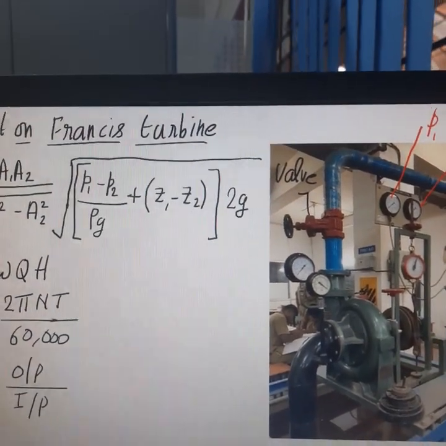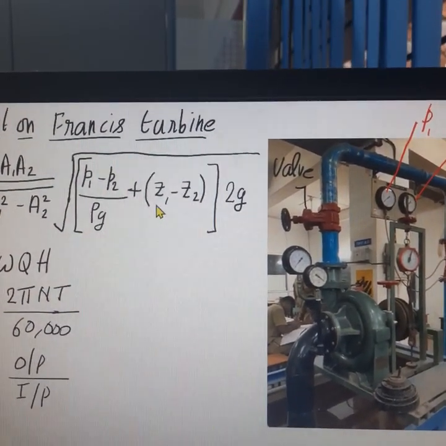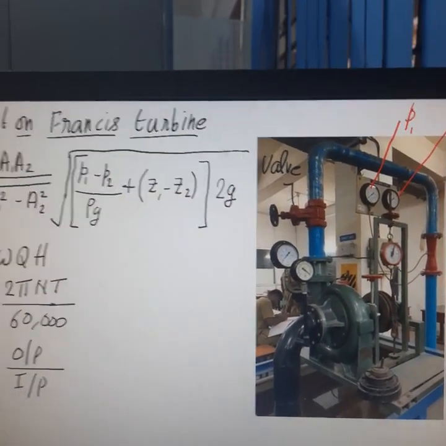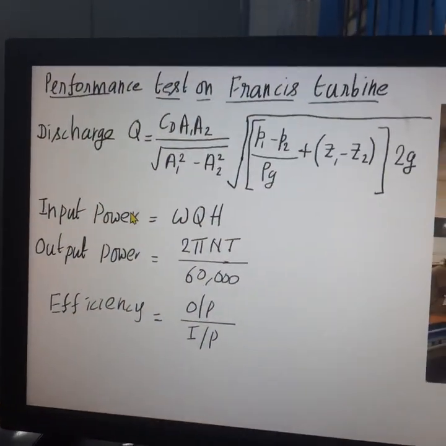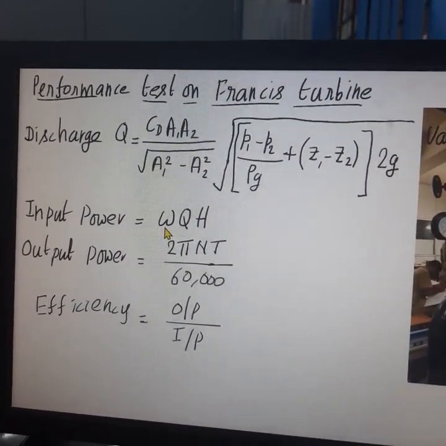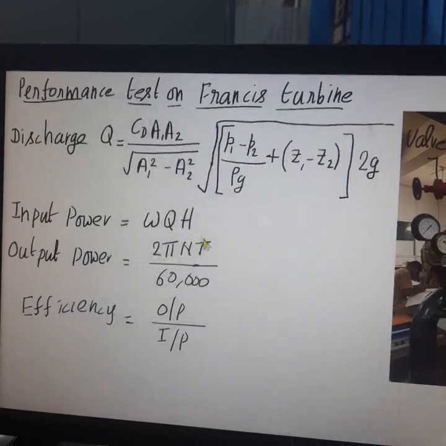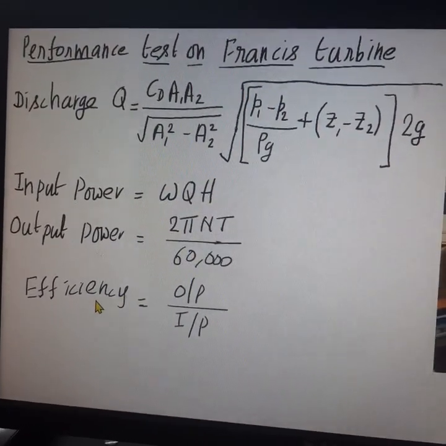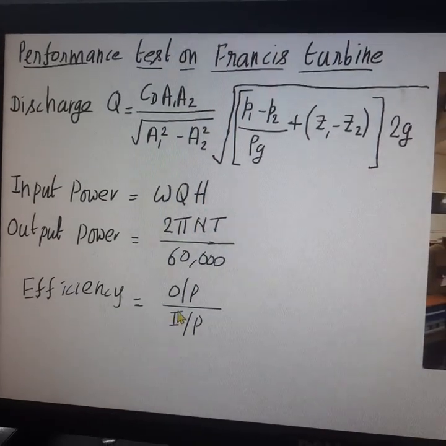Z1 minus Z2 is the level difference of the entry and throat of the venturimeter. The input power is WQH, where W is the specific weight, Q is the discharge and H is the head. The output power is 2 pi NT by 60,000, and efficiency is determined by output power by input power.